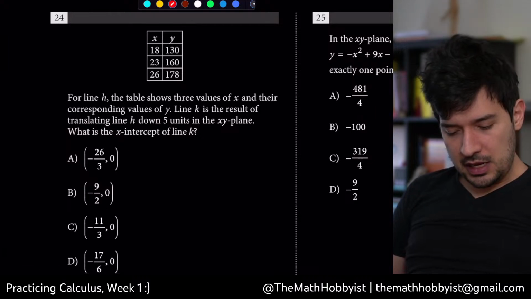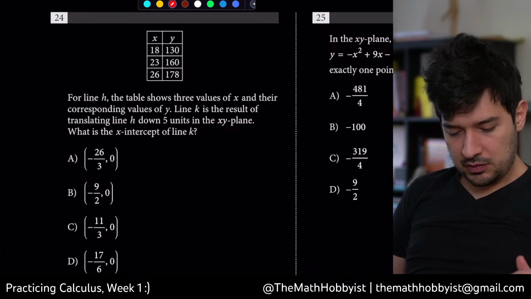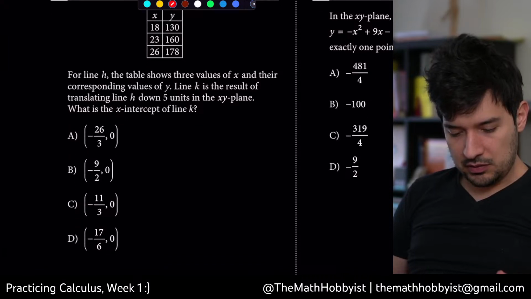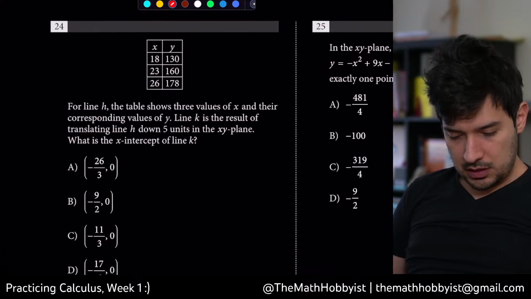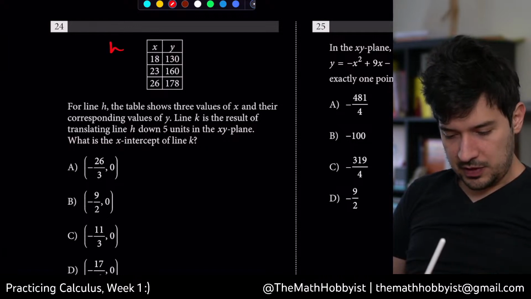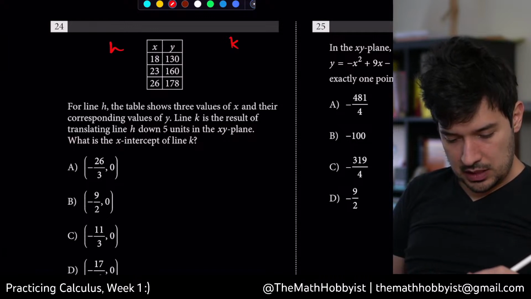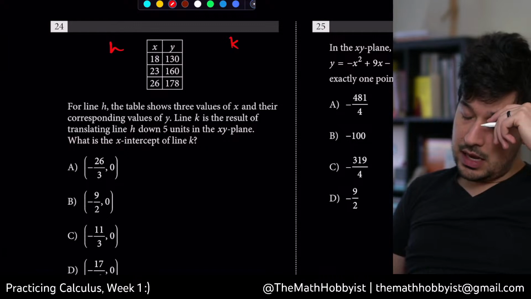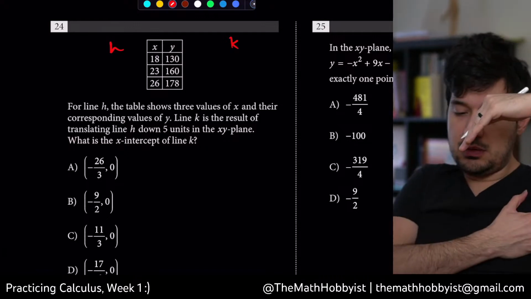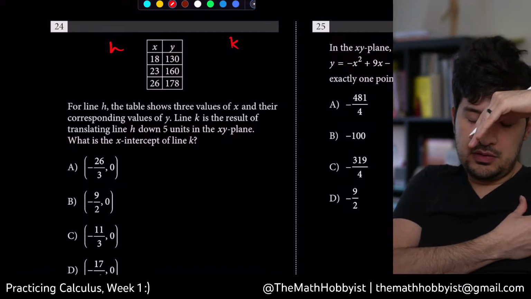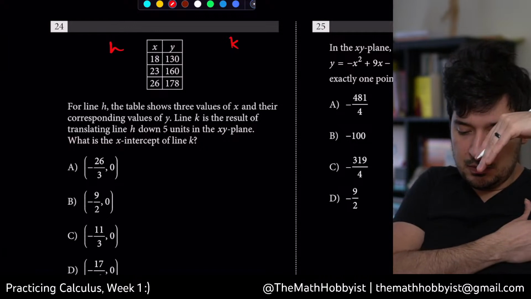Whatever. For line h, a table of values x with corresponding y. Line k is a result of translating line h down 5 units. Okay. So this is line h, it said, and then we're finding line k. And it looks like the x-intercept is when y equals 0.